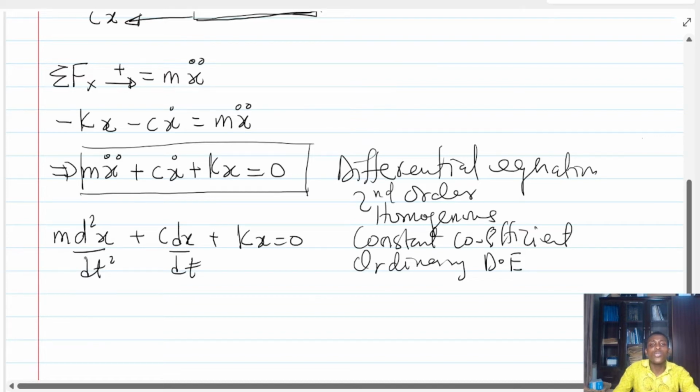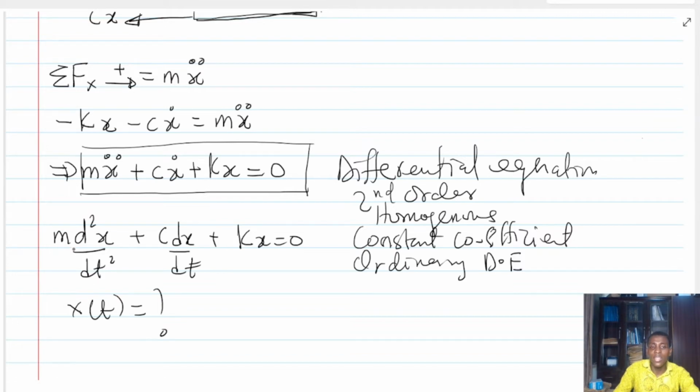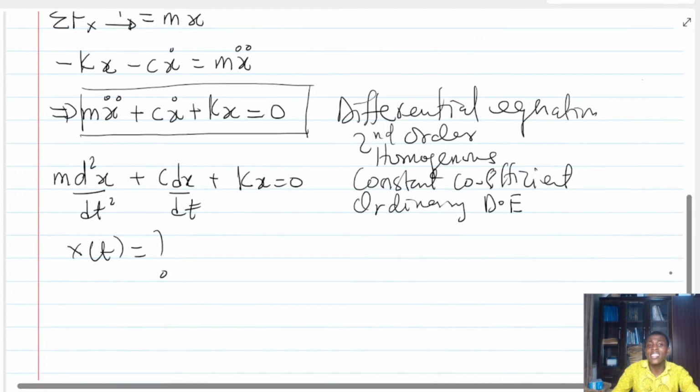Now, this is what you will see in your math class. To be able to solve for x of t, you want to ask yourself: is there a function which, if I differentiate twice and multiply by some constant, plus the first derivative multiplied by some constant, plus the function itself multiplied by some constant, should be equal to 0? And that is how we want to solve this. In fact, the answer is yes.